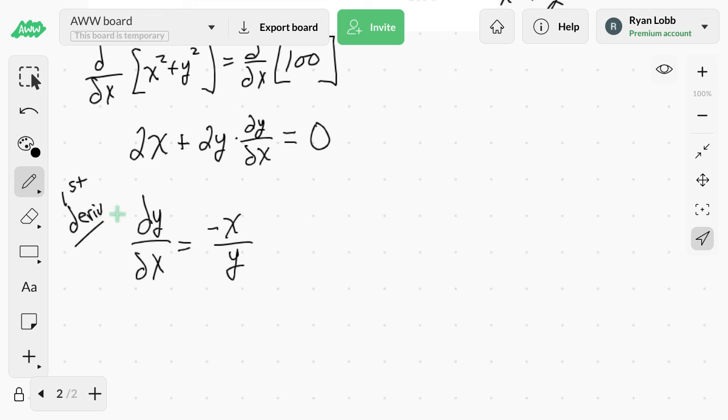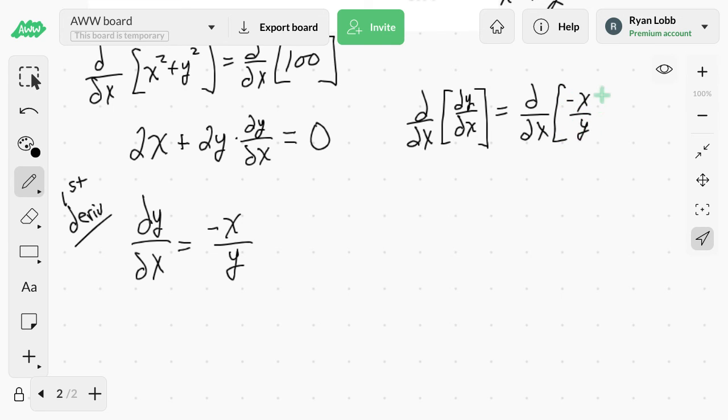Now to find the second derivative, we just have to take the derivative of this. So take the derivative on the left, take the derivative on the right. Well, the derivative of the derivative is just the second derivative, so that just gives me the second derivative notation. Now over here, we've got a quotient rule.